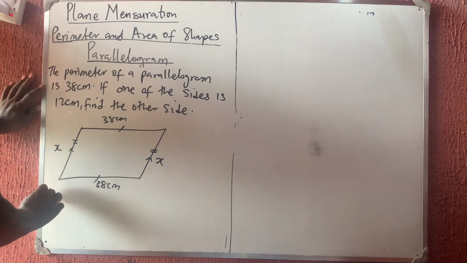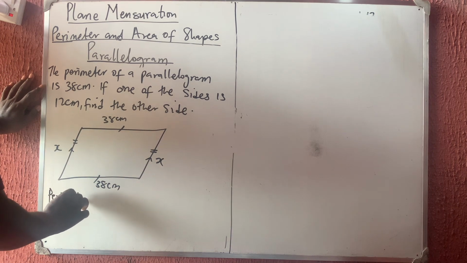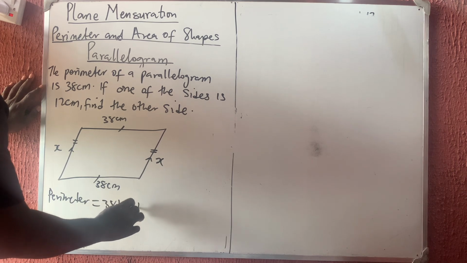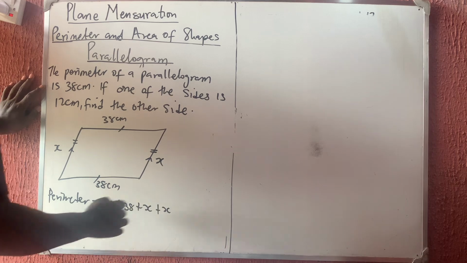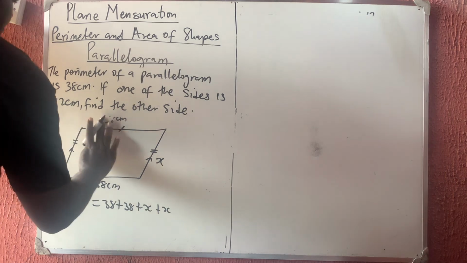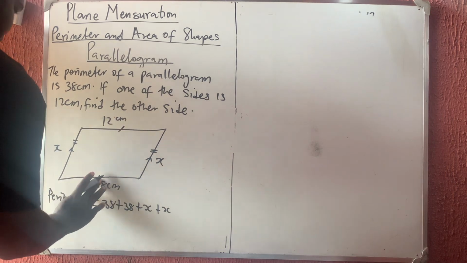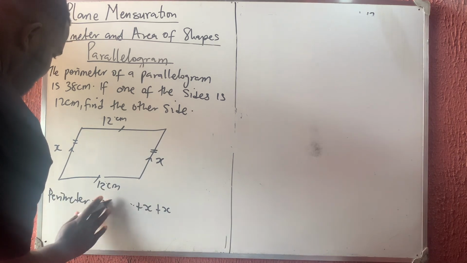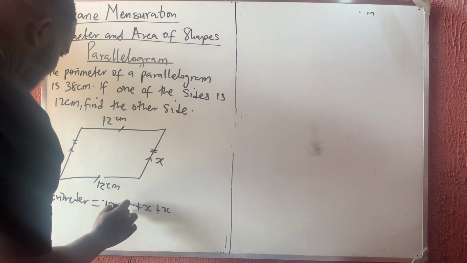So the perimeter is 38, which is 12 plus another 12, plus x plus x.